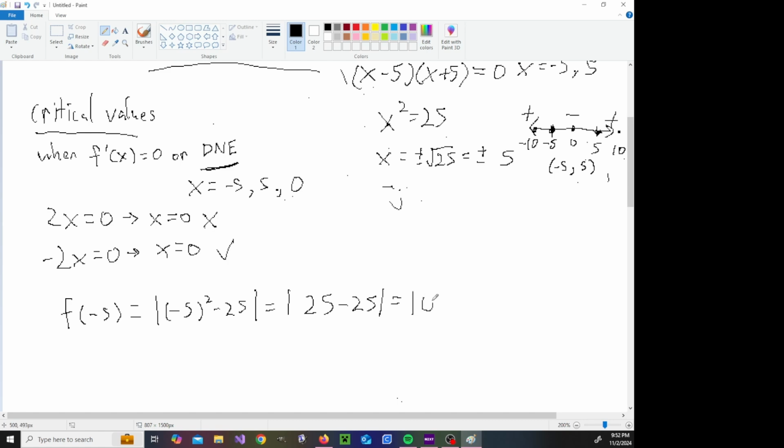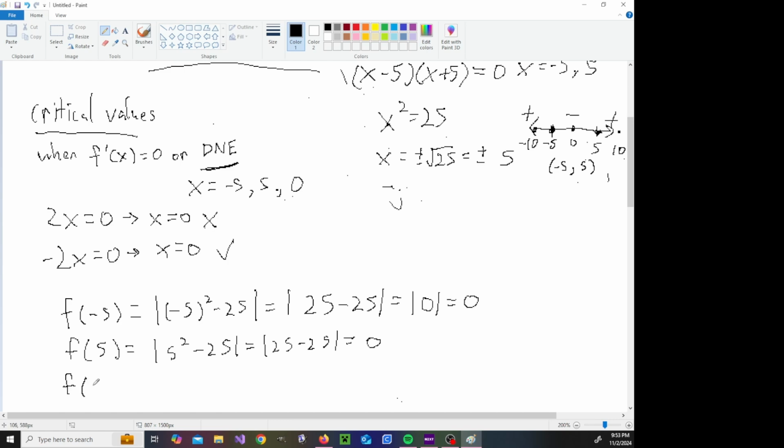Well, hey, that's the absolute value of 0, which again is just 0. If I plugged in positive 5 for that other critical value, that's 5 squared minus 25, which is still the absolute value of 25 minus 25, which is just going to go back to 0 yet again.